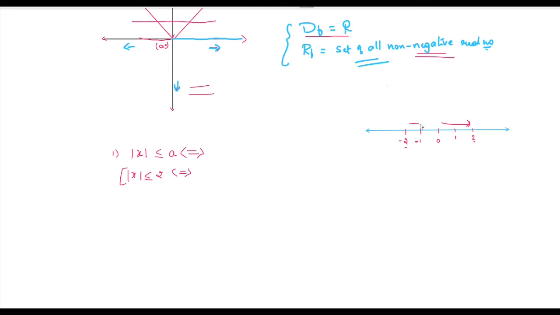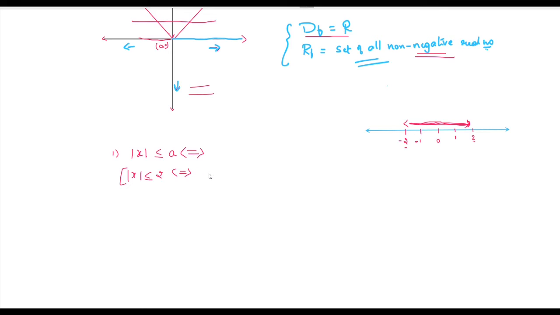If you consider this side, the left side of 0, even in this case, the distance is less than or equal to 2. So, x value lies from minus 2 to plus 2. Whenever x lies from minus 2 to plus 2, its distance from 0 is always less than or equal to 2. That is the meaning of modulus of x less than or equal to 2.